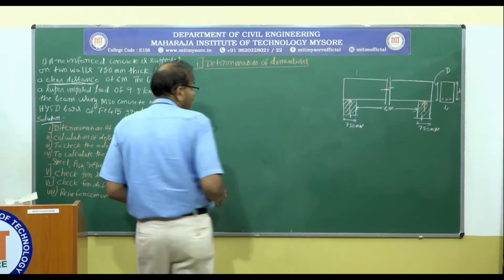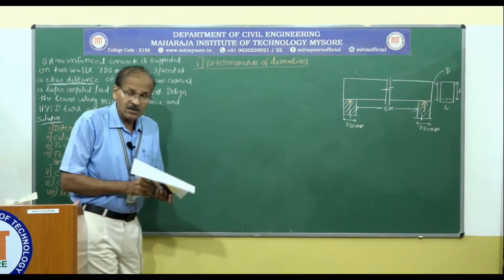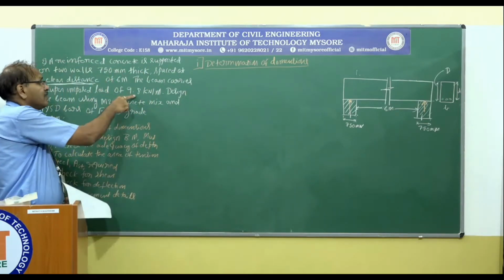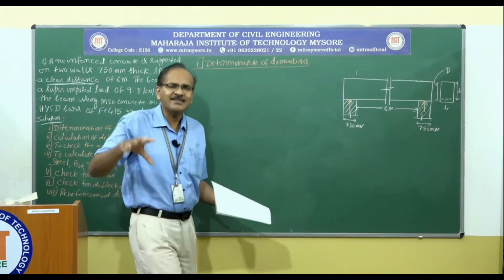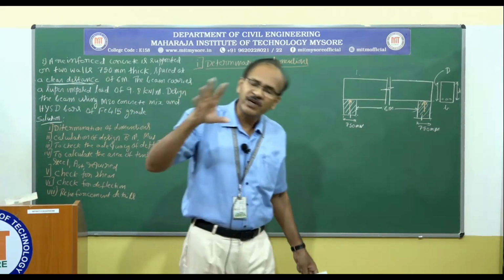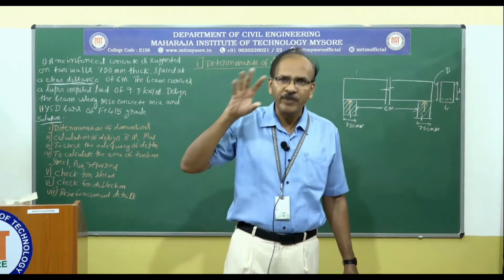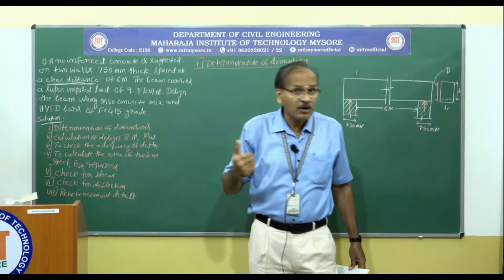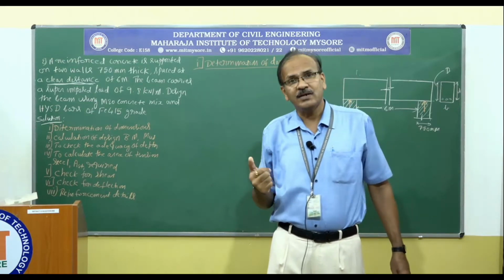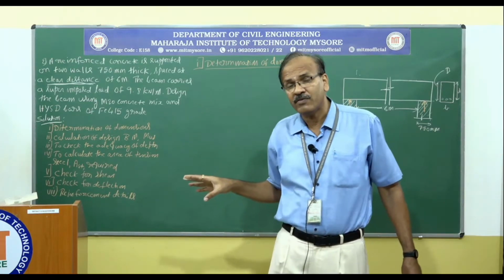See, determination of dimensions. Look here. Superimposed load is given 9.8 kilonewton per meter. That is live load. So when we are designing, not only should we include the live load, but also we should include dead load as well. Here there is no other dead load given.